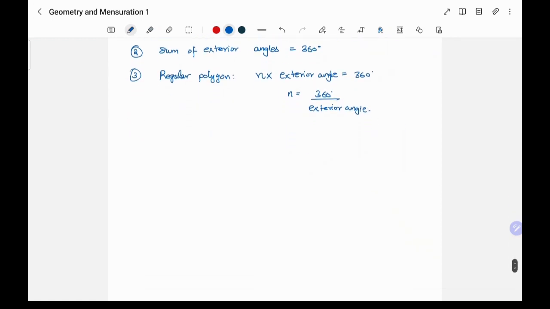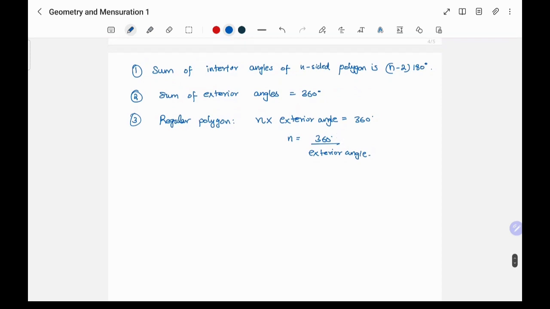So these are the basic properties, and the interior angle also you can find for a regular polygon. It is nothing but the sum of interior angles, (n minus 2) into 180, divided by the total number of sides.